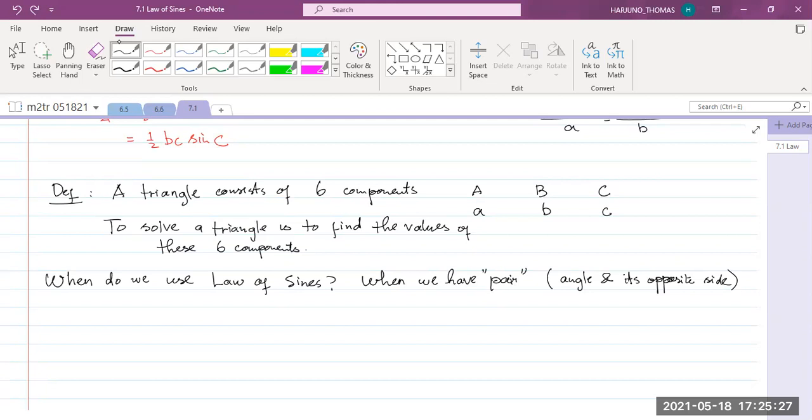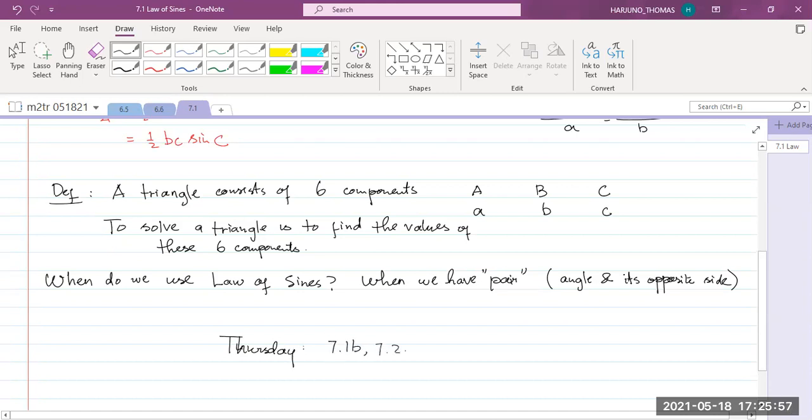So on Thursday we will do 7.1, 7.2, and 9, not 9, is it 9? And 9.2. Okay, so please read, not 9.2, 9.1. Please read 9.1 before Thursday. We will continue with 7.1, finish up 7.2, and then 9.1.